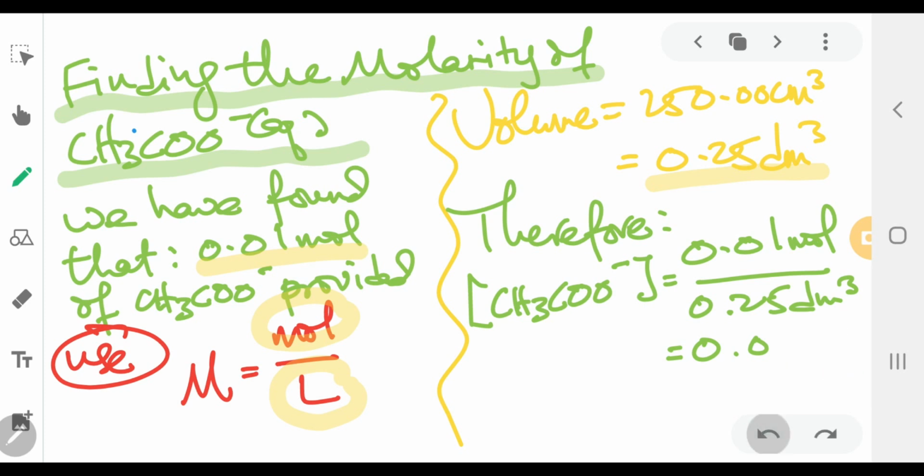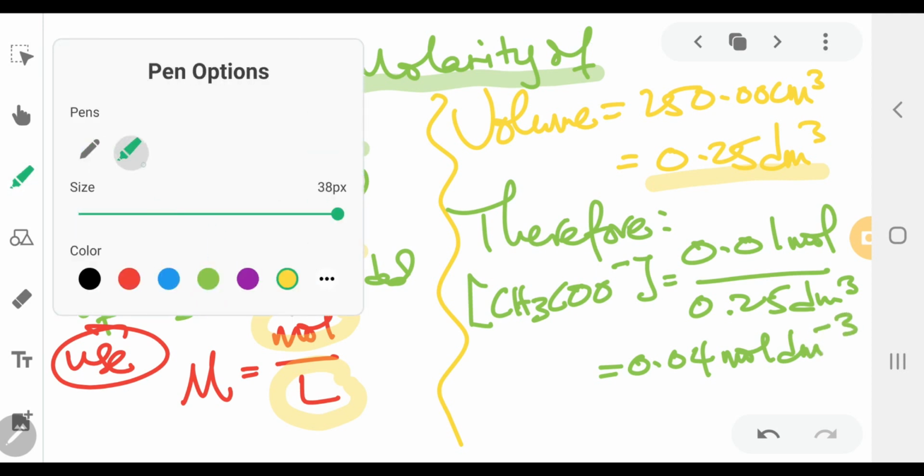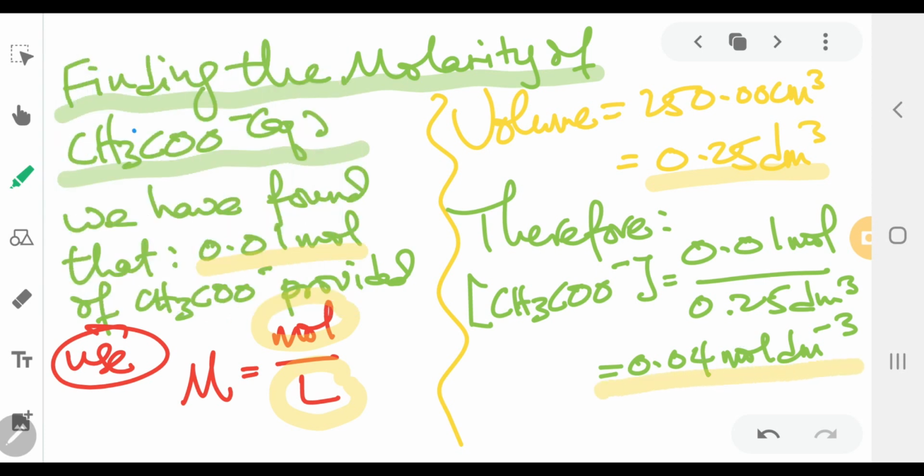I'm going to write that again. So the molarity is 0.04 mole per decimeter cubic. So this is the molarity of your conjugate base.